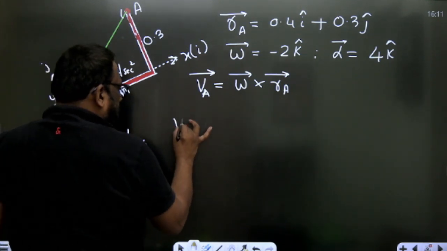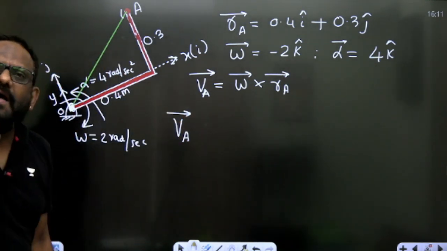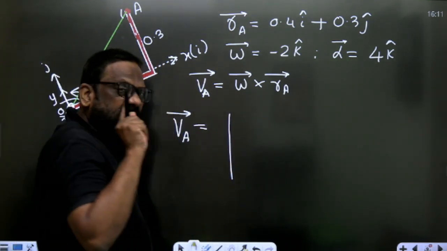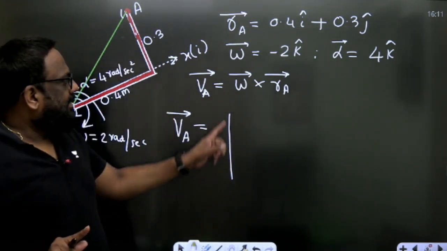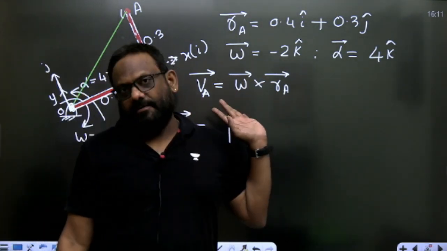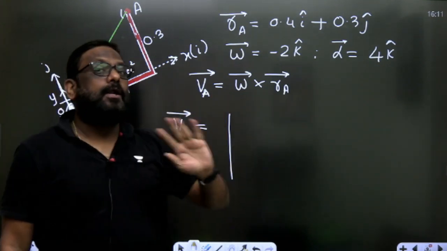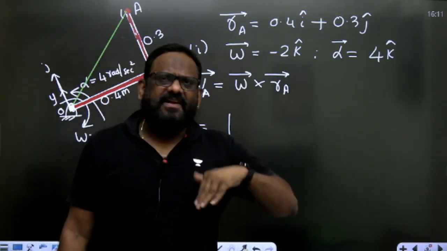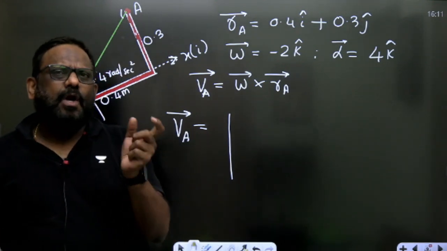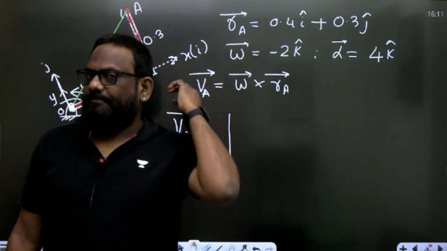If you want the velocity of point A, it should be the position vector of A. Why are we writing in vector form? Because the question asks to write in vector form. In a cross product, the order of multiplication is very important, because r cross omega and omega cross r are not the same. But in a scalar product there is no problem, because A dot B is scalar, AB cos theta.